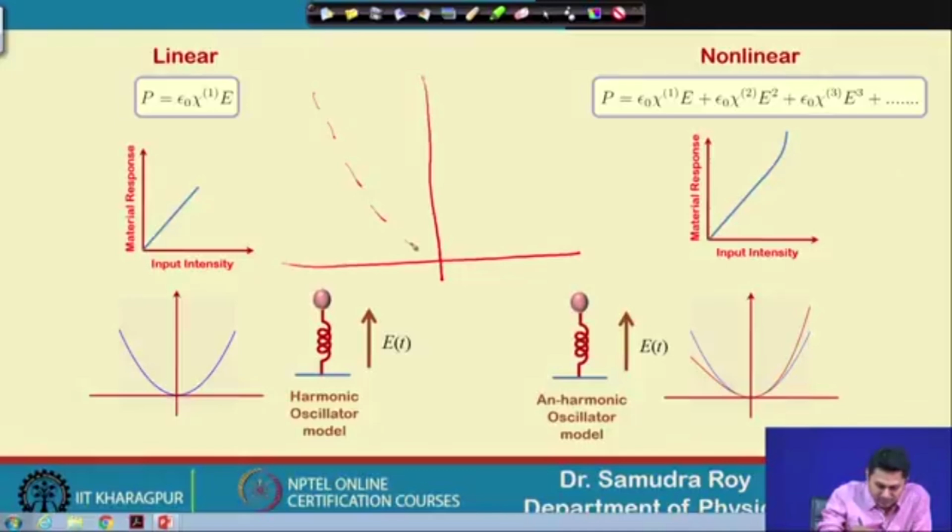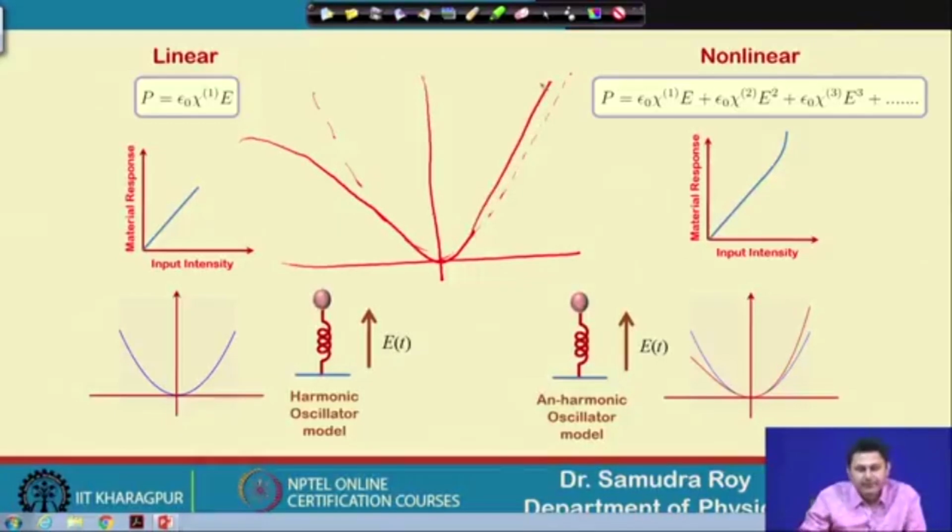This is the potential related to the harmonic oscillator. For the anharmonic oscillator, this solid line will be something like this. There will be asymmetry. If I write this in terms of x, then the potential V of x will be something like this.